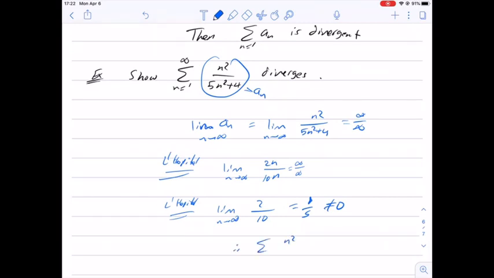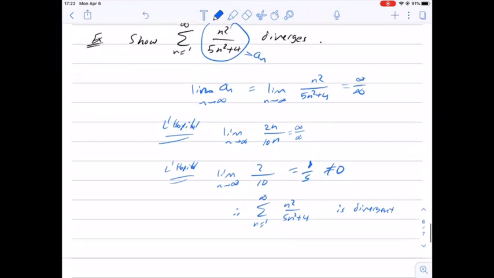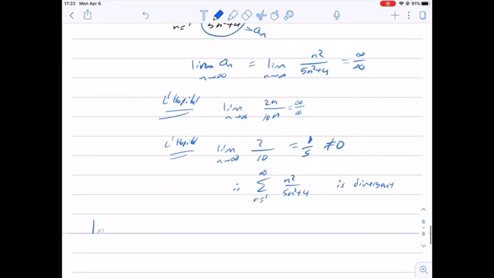That means the series of n squared over 5n squared plus 4, n from 1 to infinity, is divergent. In general, if the limit of a sub n as n goes to infinity is not equal to 0, then the series is divergent.